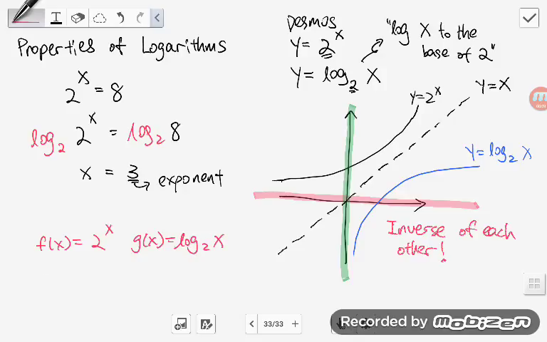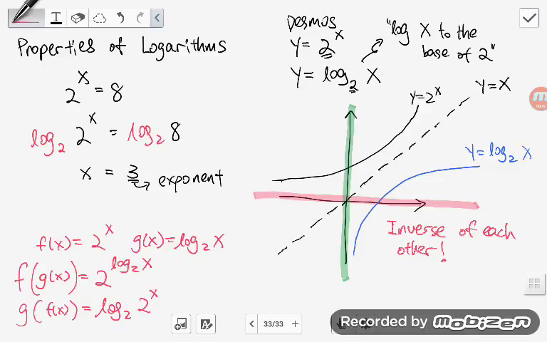If they are inverses of each other, then when I put g into f, I'll get 2 to the power of g of x, so 2 to the power of log base 2 of x. And if I put f into g, I'll get log base 2 of f of x, which is log base 2 of 2 to the power of x.